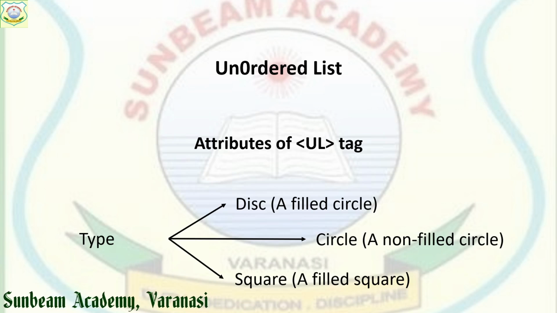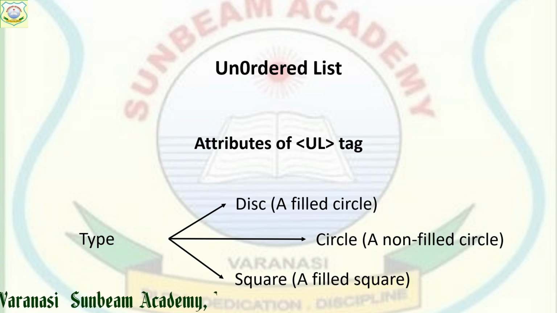One is the disk. Disk is whatever the circle completely filled we are getting before every list, that is known as disk. It is default one also. Second is your circle. Circle, this is a type just like a disk, but the difference is that disk is completely filled and circle is an empty circle.